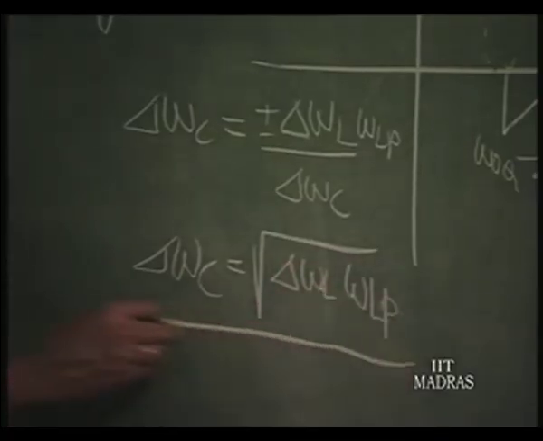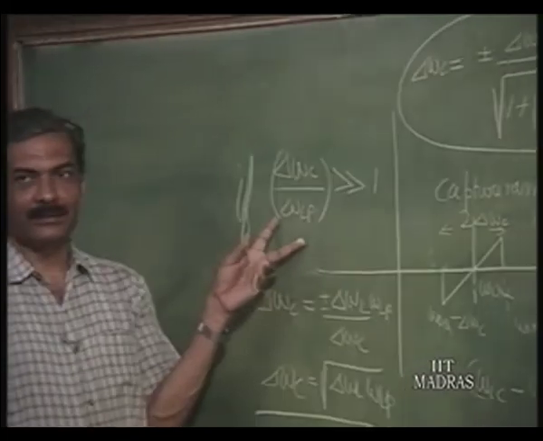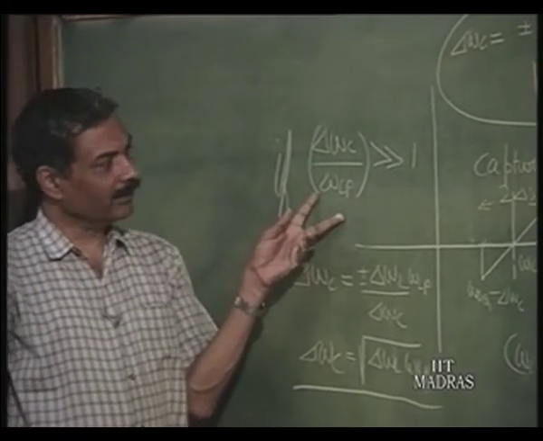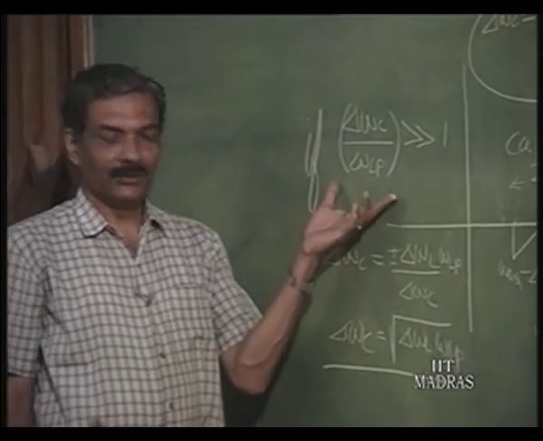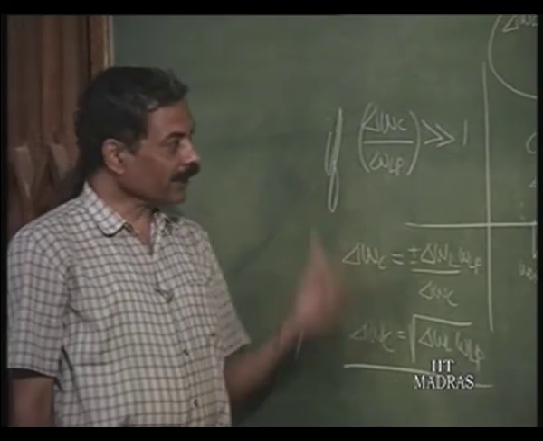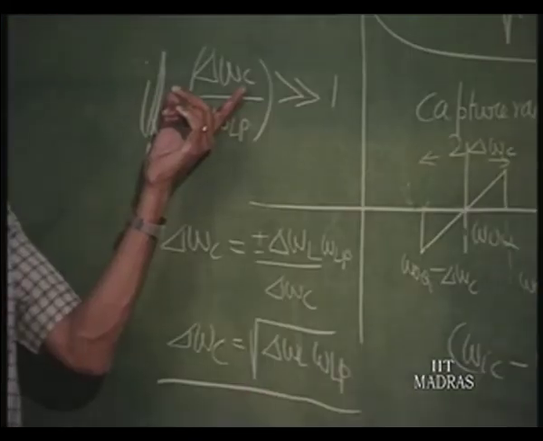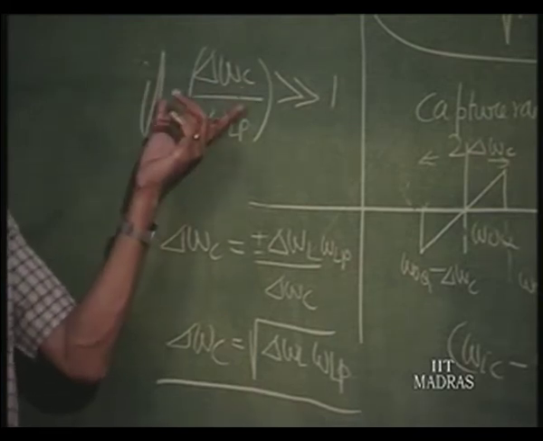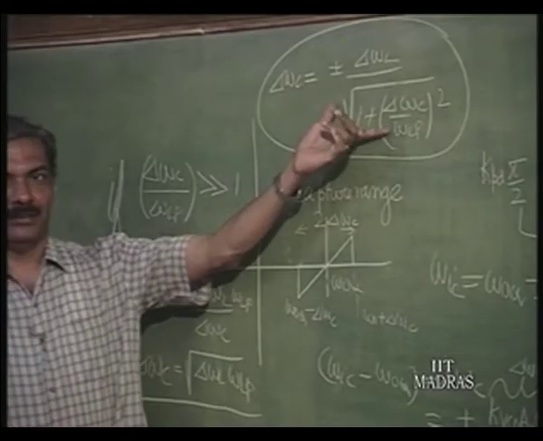Becomes very simple. Otherwise, you have to solve a quadratic equation. So, the best thing is assume that this is so, find out delta omega c, check whether this assumption is valid. If this assumption is not valid, then you go and solve this, right.